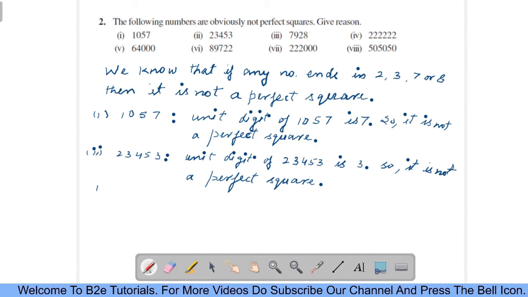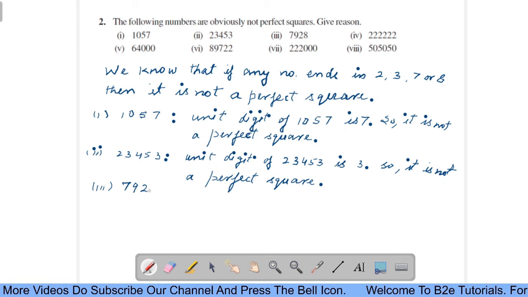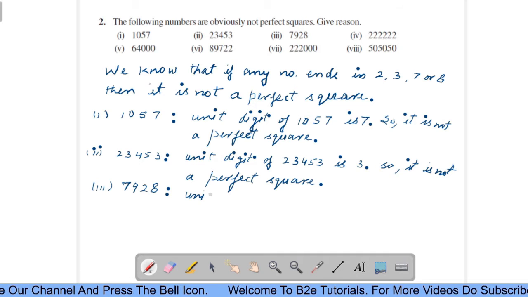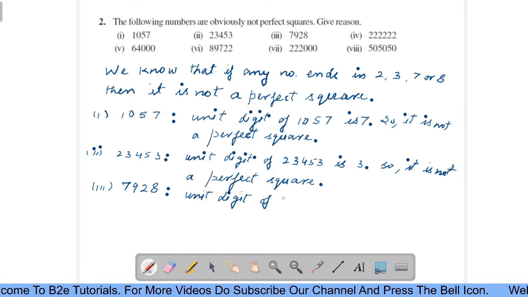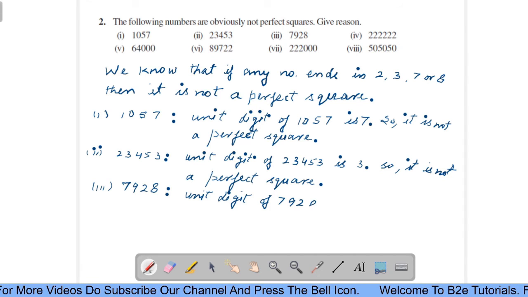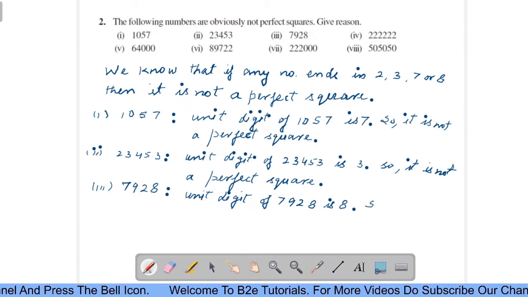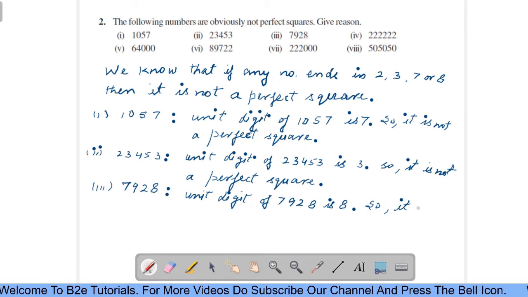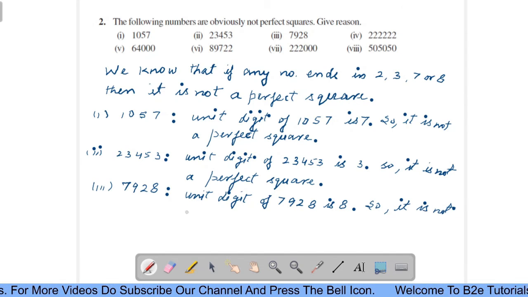Now come to third part, 7,928. Here again the unit digit of 7,928 is 8, so it is not a perfect square.